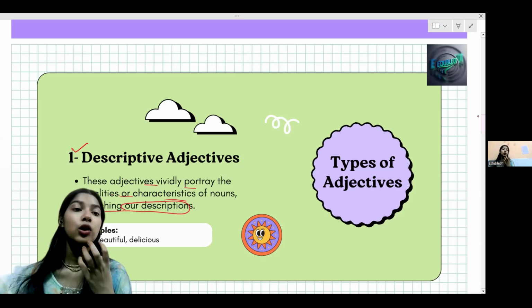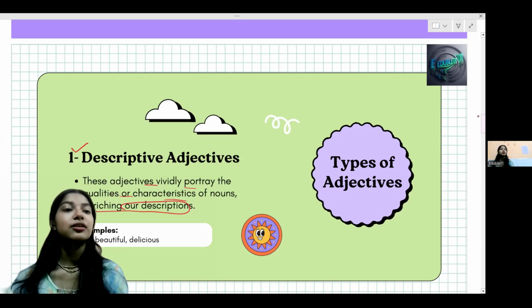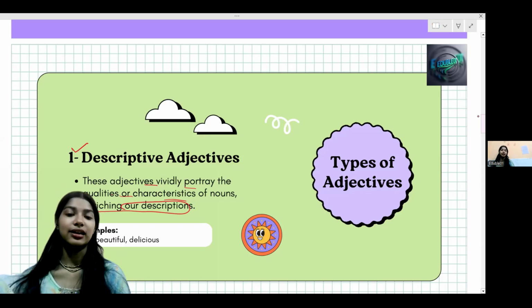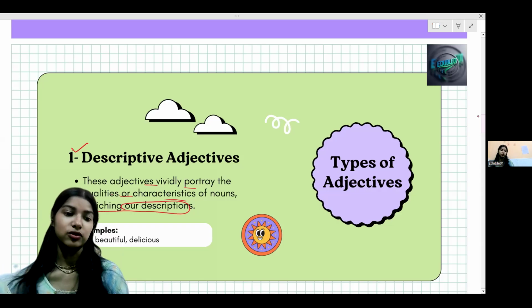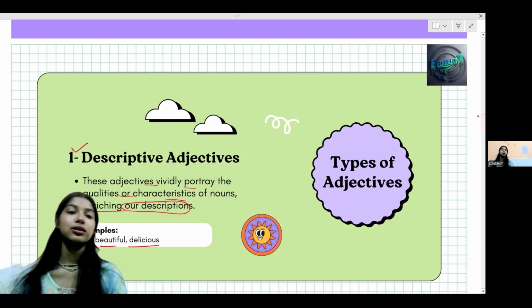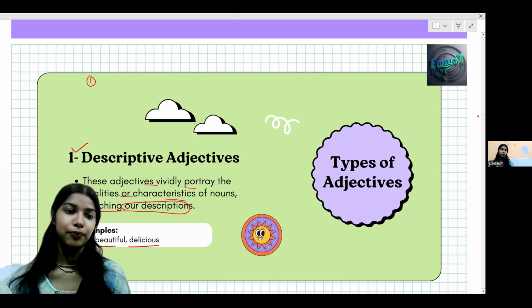The words like black, long, matte black, these are telling the qualities and description of the nouns, so they are the descriptive adjectives. Okay, so as we know, tall, beautiful, delicious, I'm going to use these words as some examples.